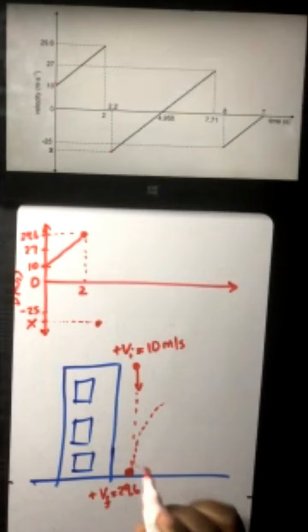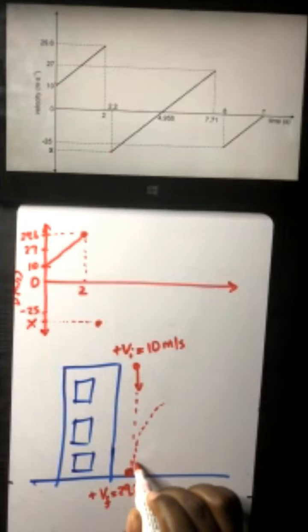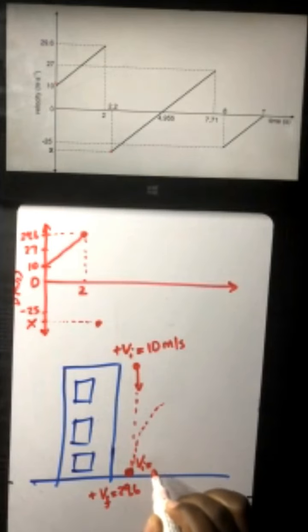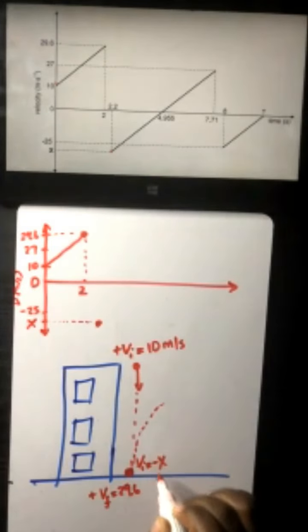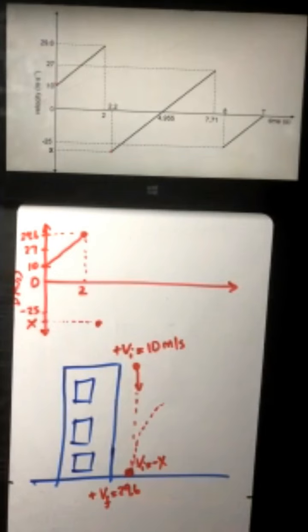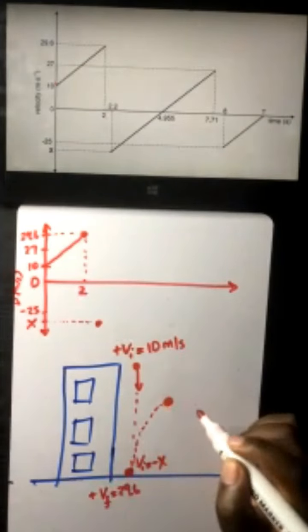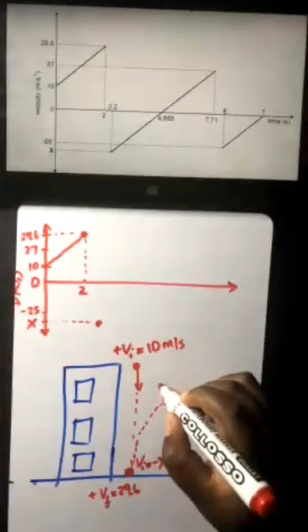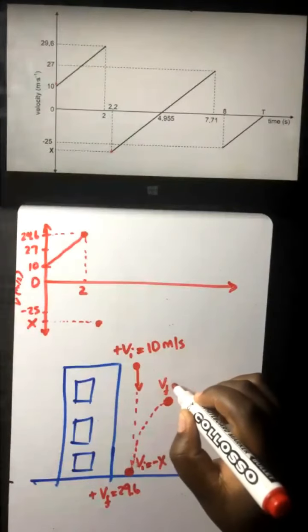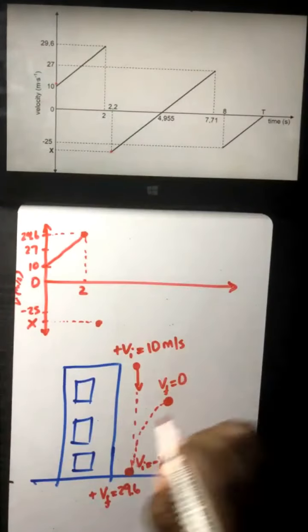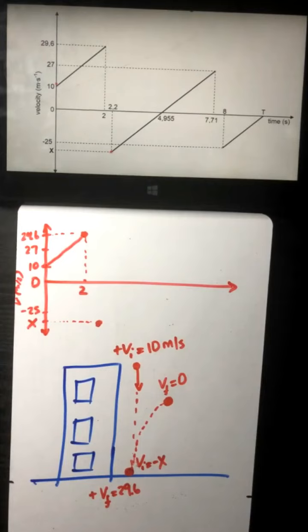And that velocity, which is a negative velocity, its V initial is equal to negative x, or equal to x. Obviously, it's going to reach its maximum height, where its V final is equal to 0 meters per second.